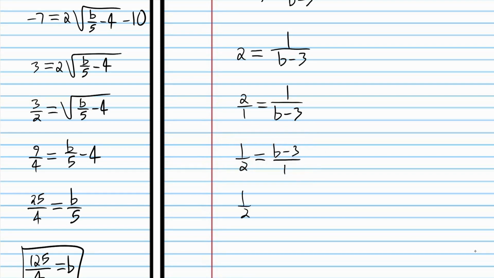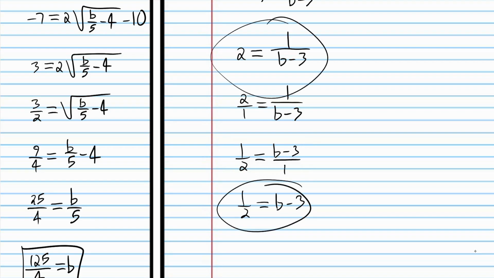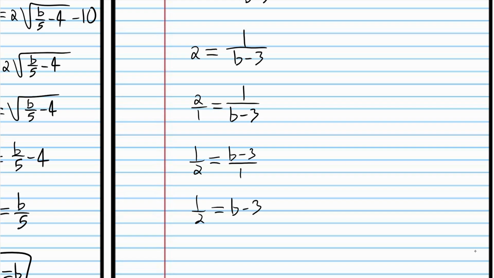And then we have 1/2 is equal to b minus 3. This equation is much simpler than this equation because the variable is not in a denominator. So this is based on the principle that if a is equal to b, then 1 over a is equal to 1 over b. So that's one way to do it.